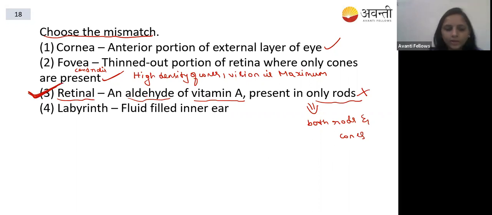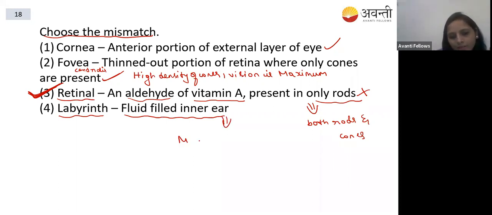Then coming to the fourth one, it is correct. Labyrinth. The labyrinth is the fluid filled inner ear, right? In the inner ear you can see the bony labyrinth and the membranous labyrinth. So that is a fluid filled inner ear, and that is the correct answer.